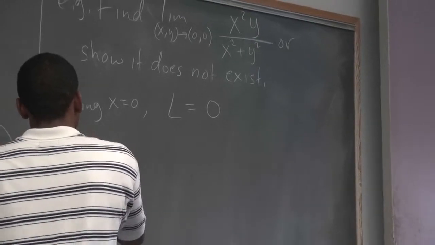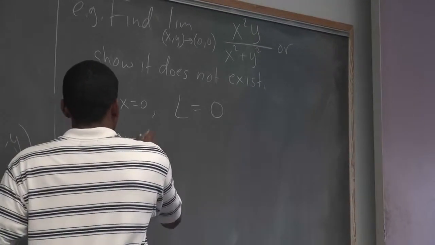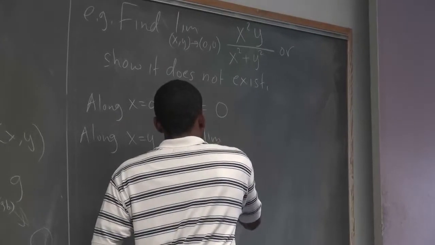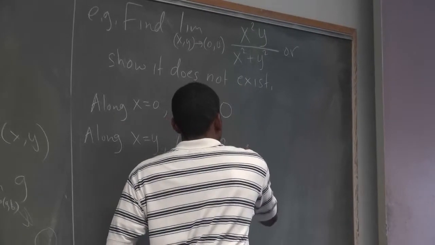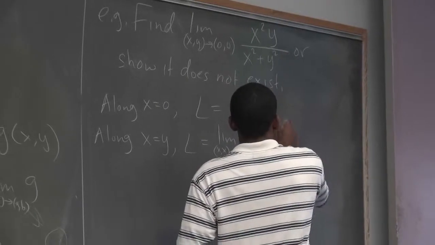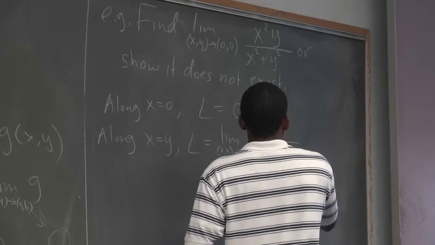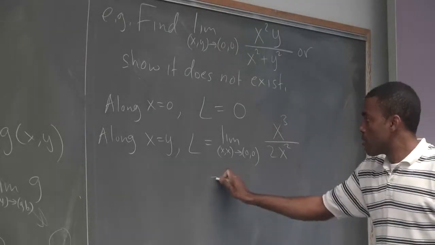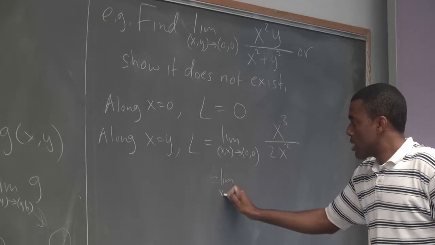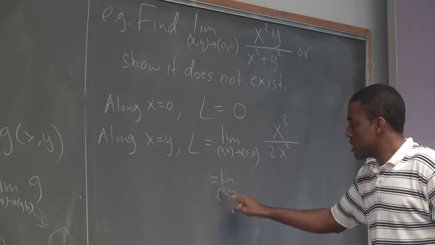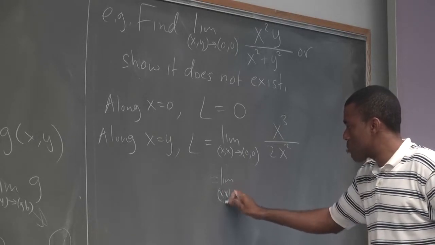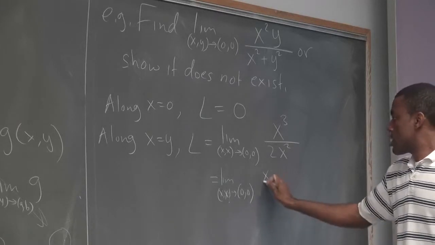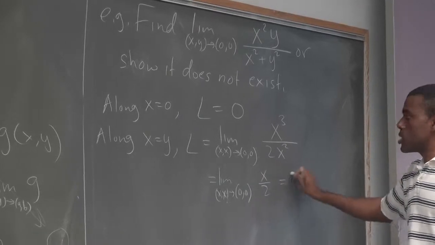Along x equals y, the limit as (x, y) approaches (0, 0), on top I would get x cubed over 2x squared. Aside from choosing x to be 0, that was pretty much the best possible path I could pick, right? This gives me x over 2, which is also 0.